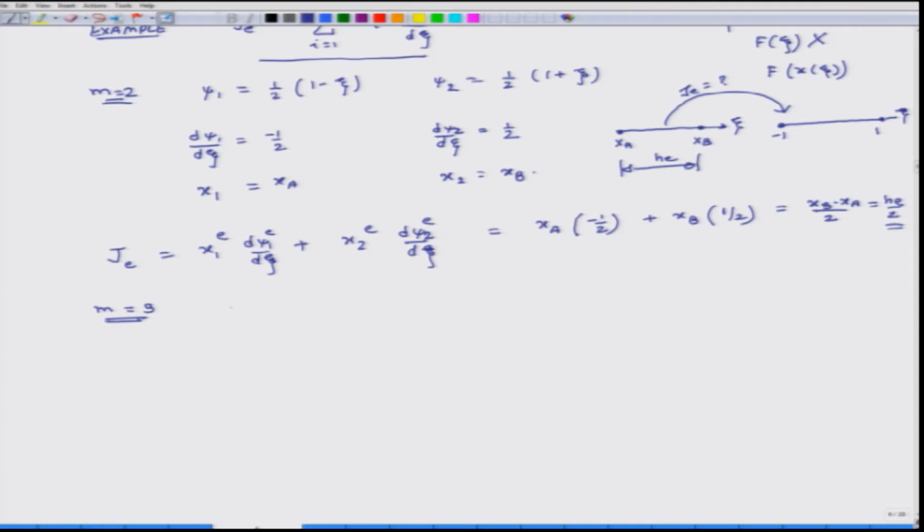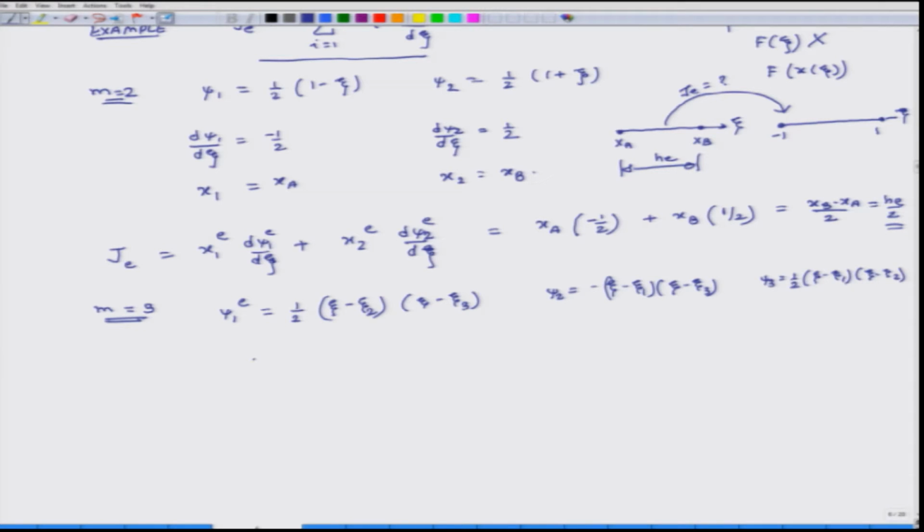In that case, psi 1 E will be half of (zeta minus zeta 2)(zeta minus zeta 3), psi 2 is equal to minus (zeta minus zeta 1)(zeta minus zeta 3), and psi 3 is equal to half of (zeta minus zeta 1)(zeta minus zeta 2).